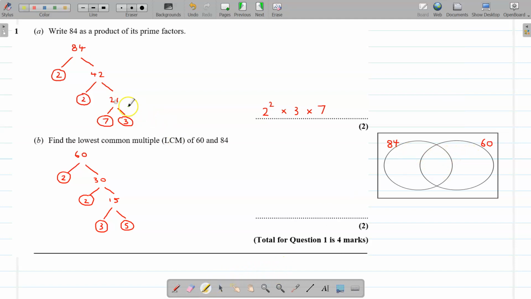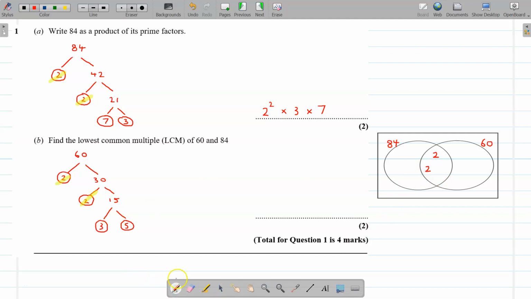If I go over here, I can take off a 2 and a 2, because they belong to both 84 and 60, and I can put a 2 in there. Then I notice there's another 2 that pairs off with that one there and that one there, so I can put that 2 in as well.